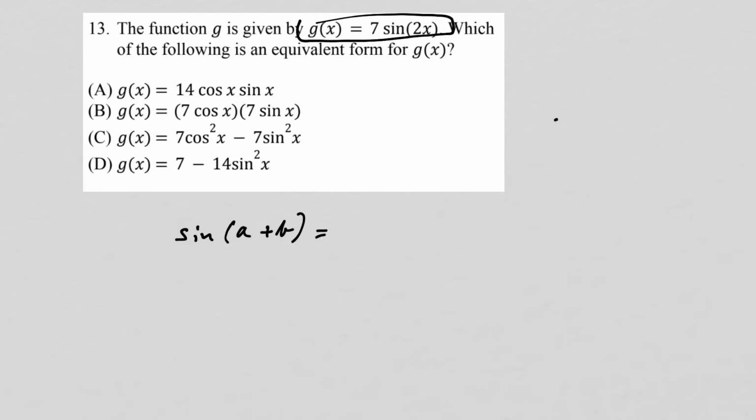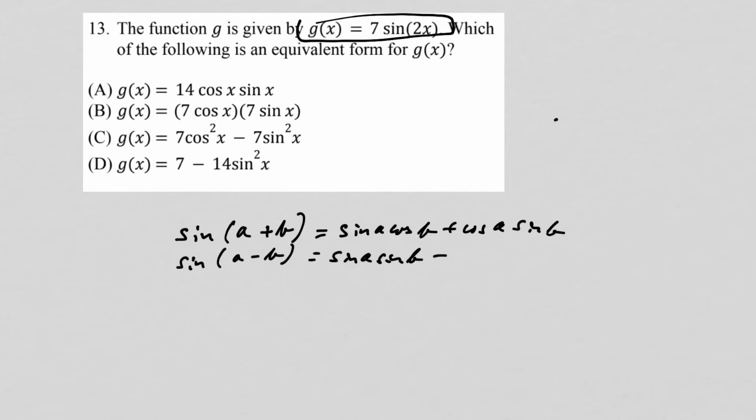One of them is the trig identity of sine of A plus B, which is sine A cosine B plus cosine A sine B. Sine of A minus B is the same formula, except there's a minus. There are other ones, but I'm not doing them all right now. You could research cosine of A plus B and cosine of A minus B. Maybe there are also ones for tangent.